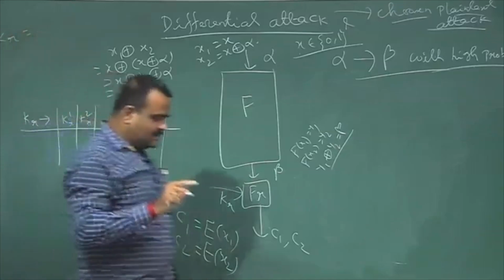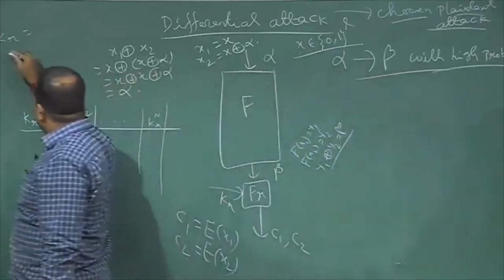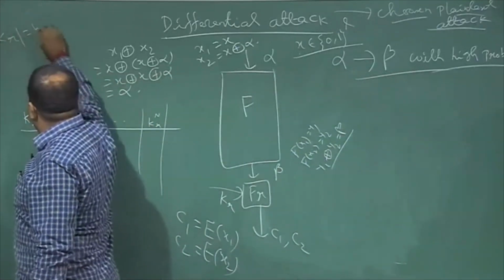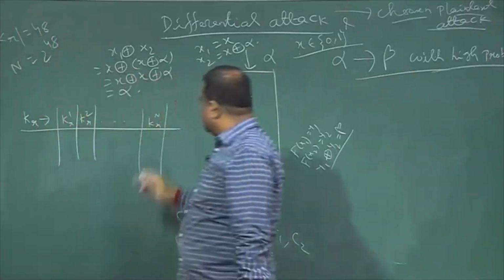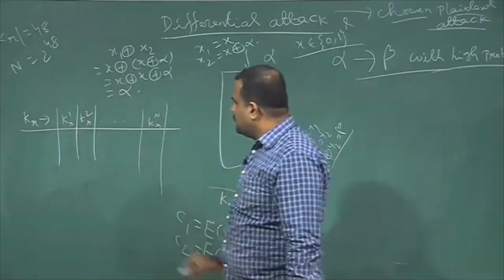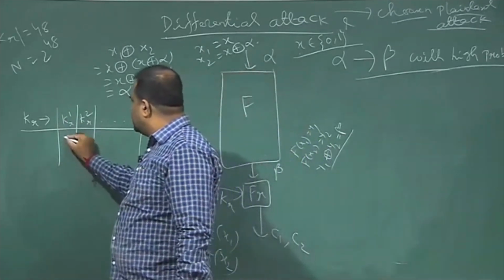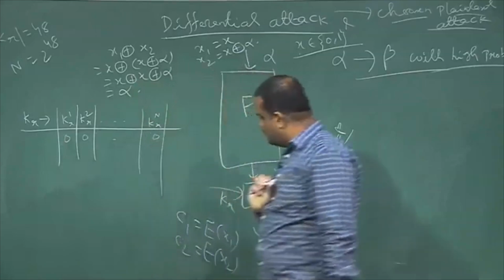For DES, the round key is 48 bits, so n is 2 to the power 48. This is all possible KRs. Now we initialize a counter, and we put the counter at 0.